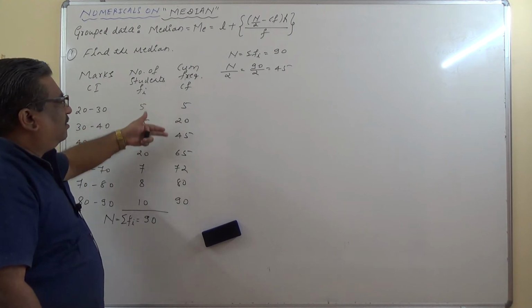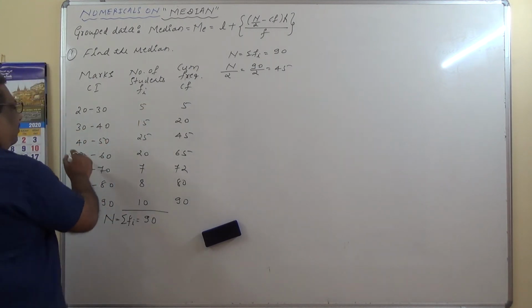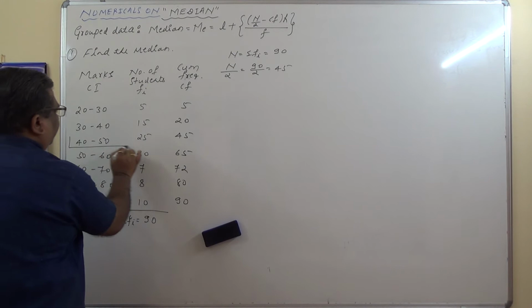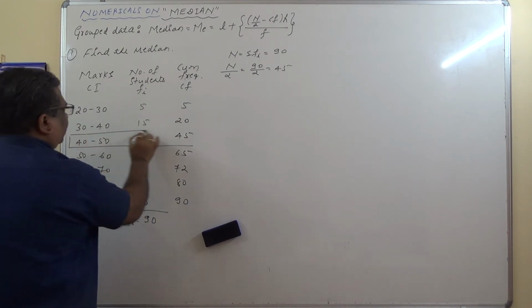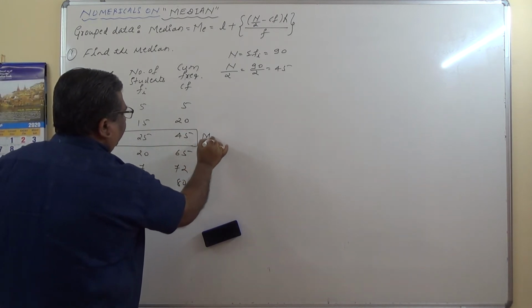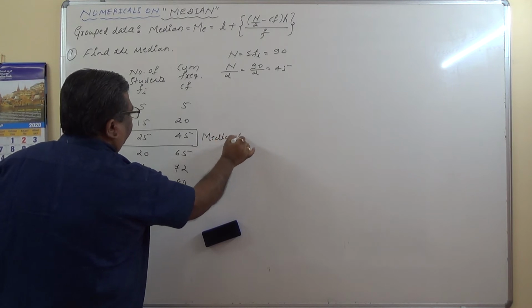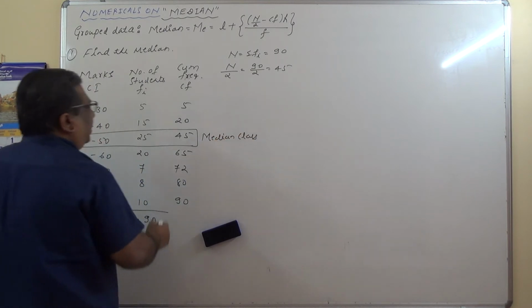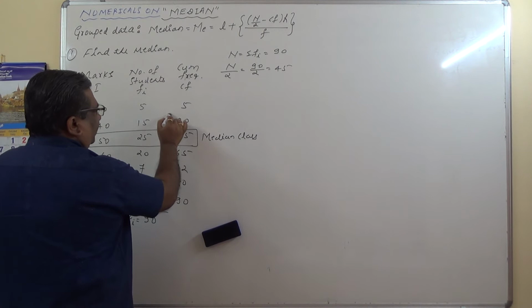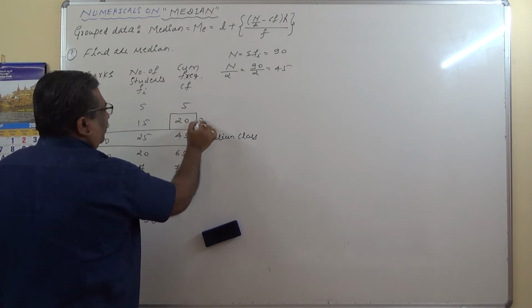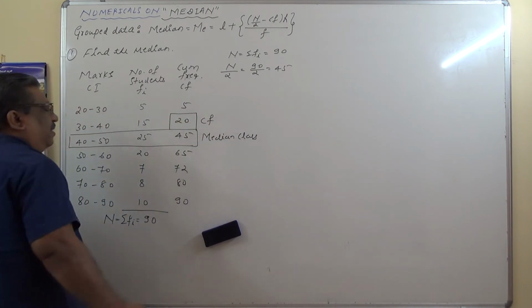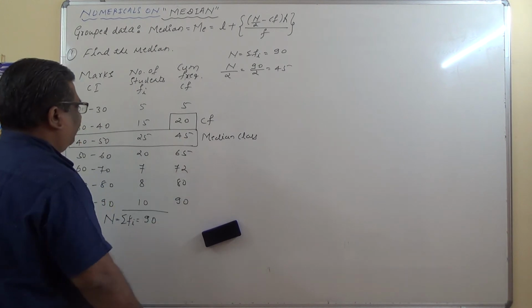But fortunately here we have 45, and therefore this I will consider as the median class. Mark it as median class. Immediately after that, the preceding CF needs to be marked as CF here.